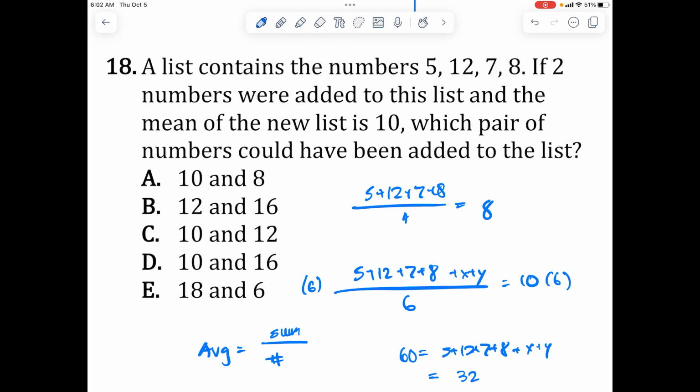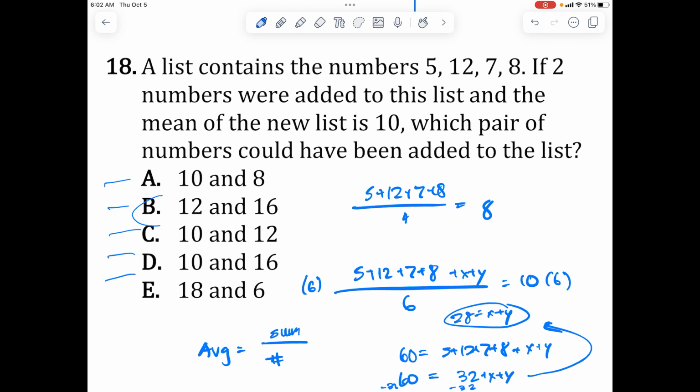So this gave me 32 plus x plus y. Let me just subtract 32 on both sides. That puts me here at 28 equals x plus y. So I don't know exactly what x and y are, but I know what they add up to. So I can just find an answer option that adds up to those same numbers. The only one that works is B.